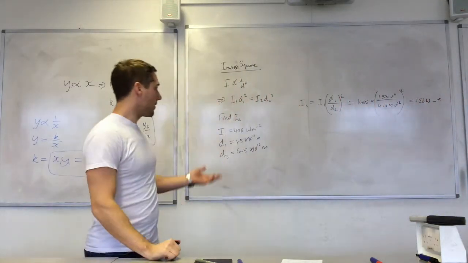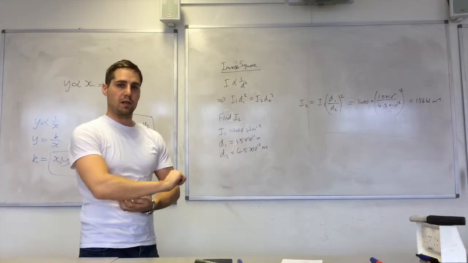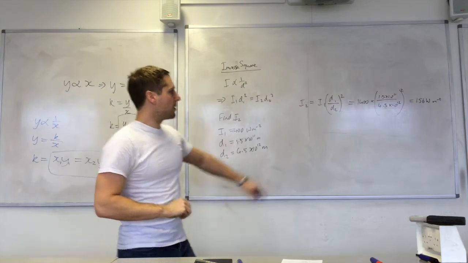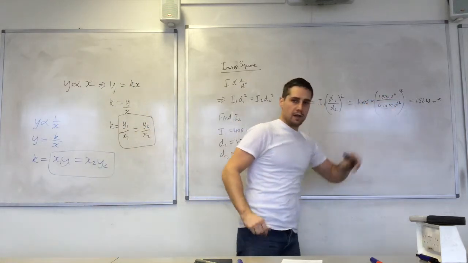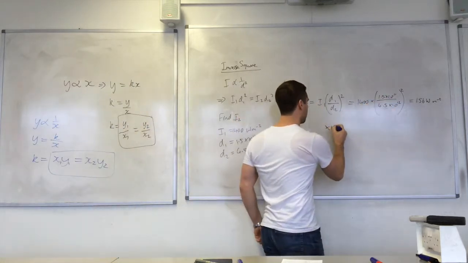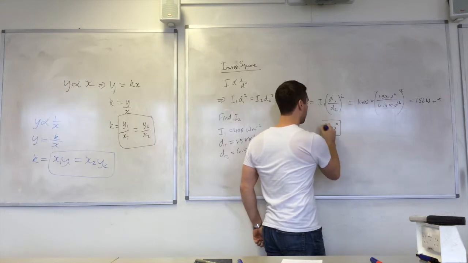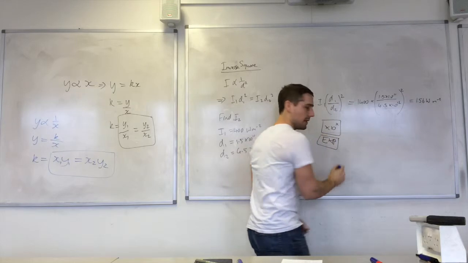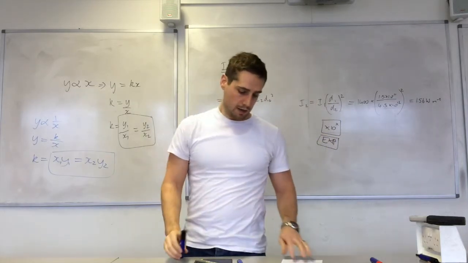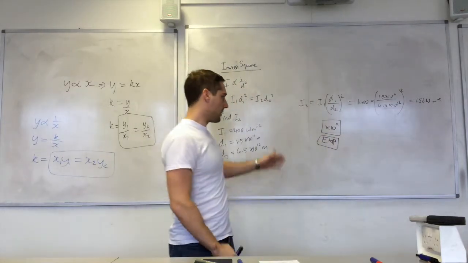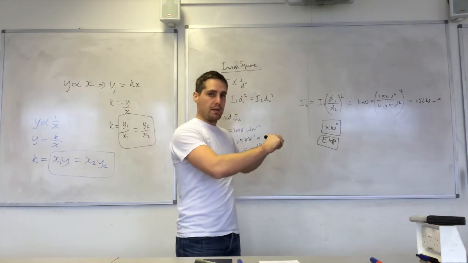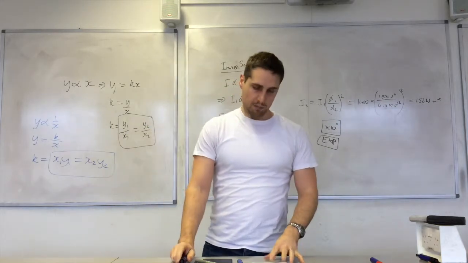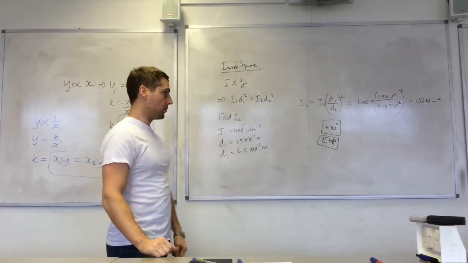Very, very quick. Once you get used to using these relationships, it can be pretty quick. When you're putting in these indices, don't forget to use the times 10 to the x button or the EXP button on your calculator. Often people make mistakes when they use times and 10, then the x^y button. That can lead to mistakes, so make sure you use those buttons. That's what they're there for specifically.